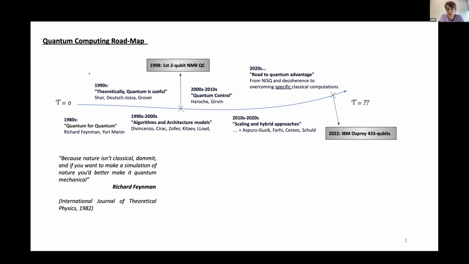Then we find some theoretical progress, with the first quantum algorithms and the first quantum hardware architectures in order to run these algorithms, with the first hit in quantum computing, which is the construction of the first quantum computer based on nuclear magnetic resonance in 1998.